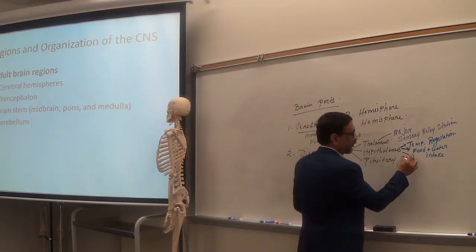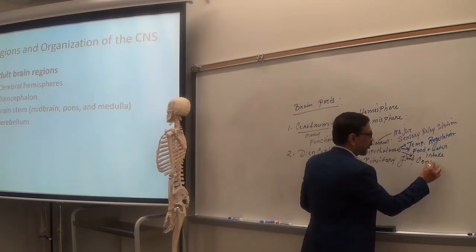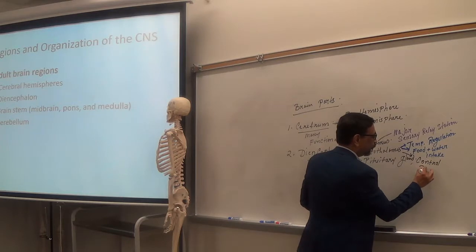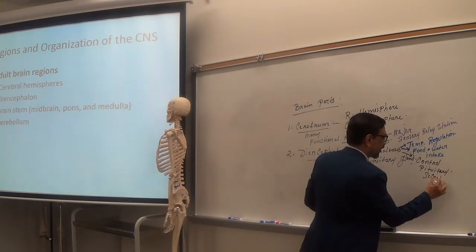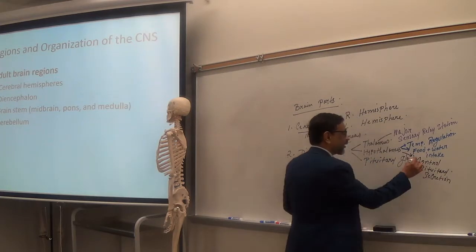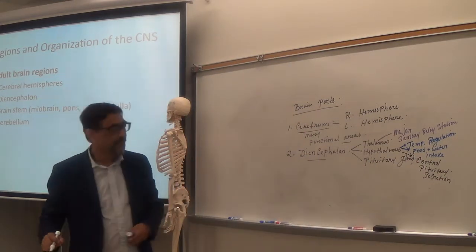Another function: the hypothalamus controls pituitary secretion. You know the pituitary is the master gland, you already know. And that master gland is controlled by the hypothalamus. So the hypothalamus is very powerful, okay?